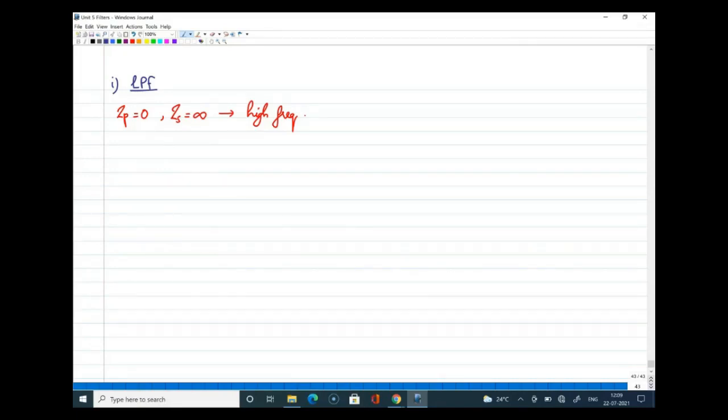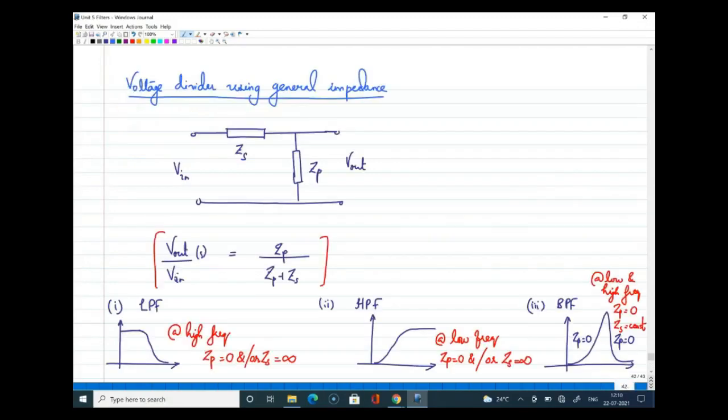All right. So what I need is Zp should be equal to 0 and Zs should be equal to infinity at high frequency. For that, let me start with a very simple structure. In place of Zs, I have an inductance, the series impedance.